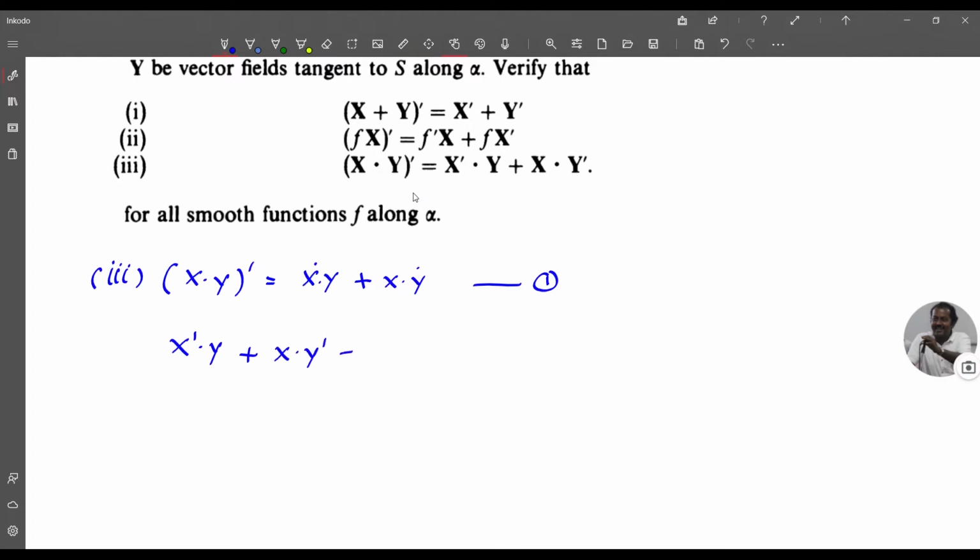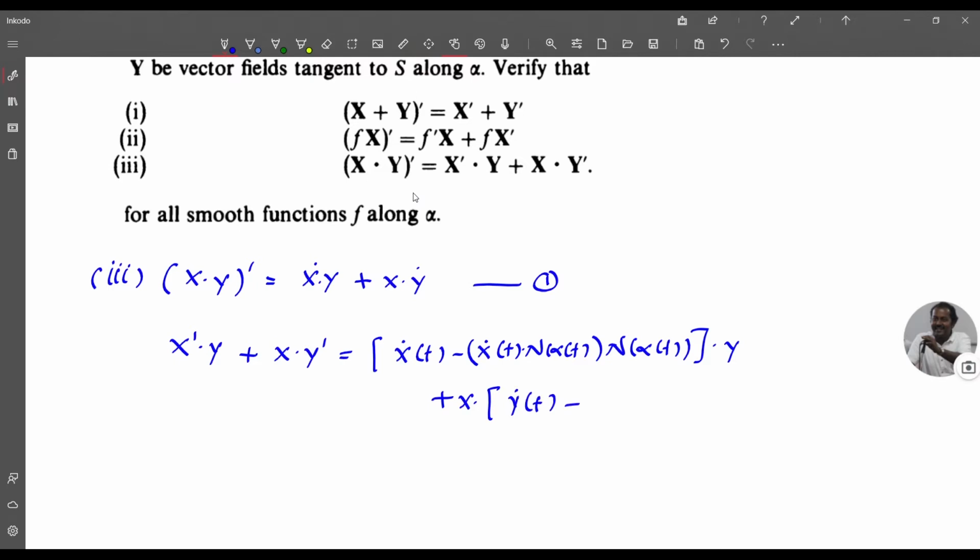This is equal to, you know that x prime is x dot of t minus x dot of t dot n of alpha of t times n of alpha of t dot y plus x dot y prime, where y prime is y dot of t minus y dot of t dot n of alpha of t into n of alpha of t.